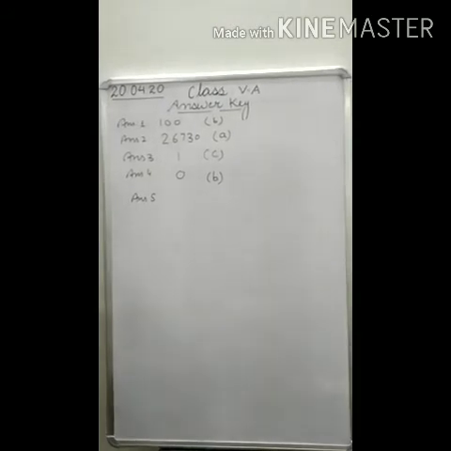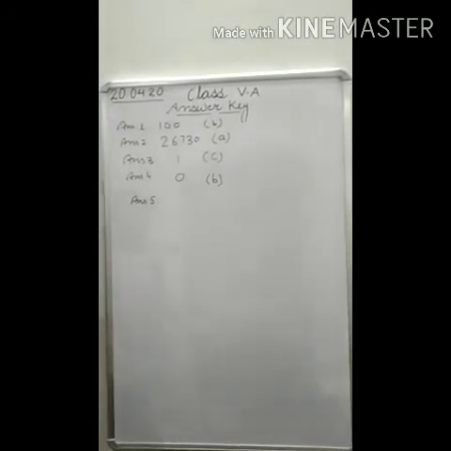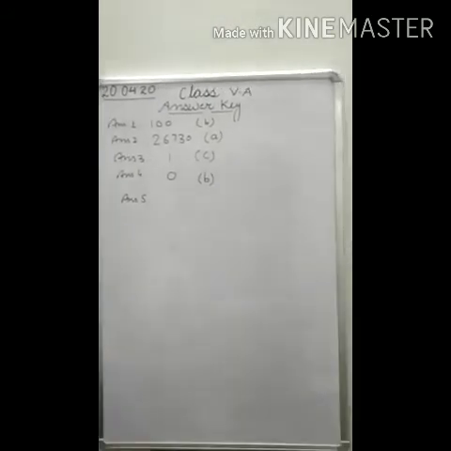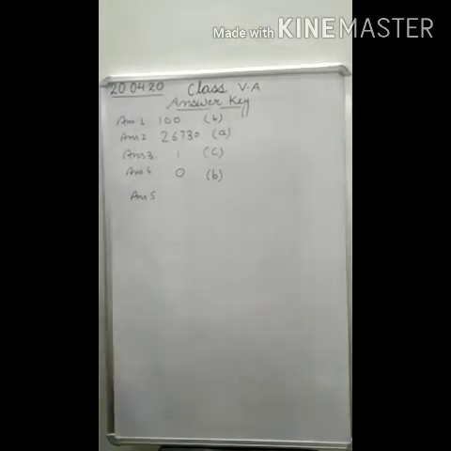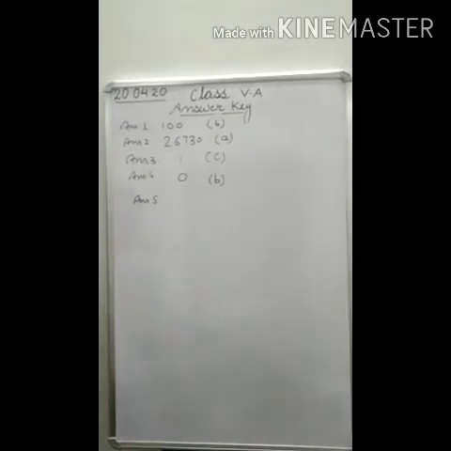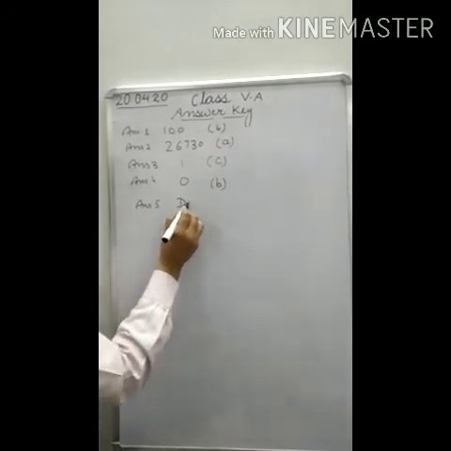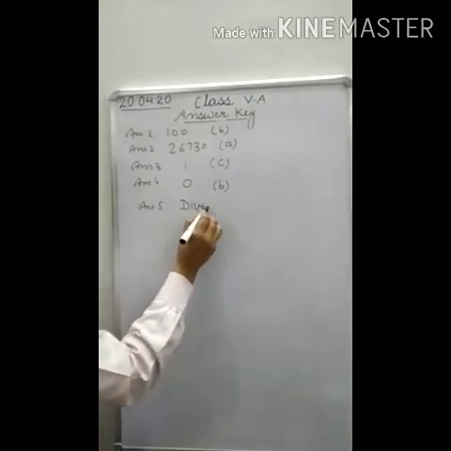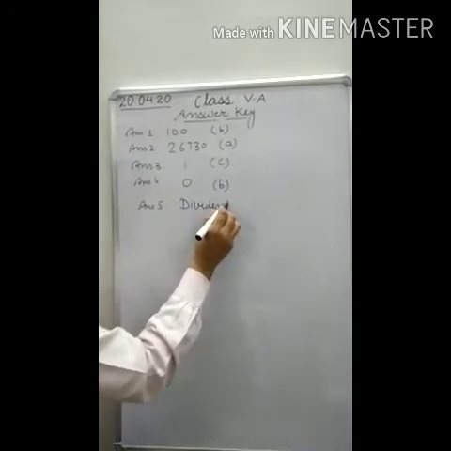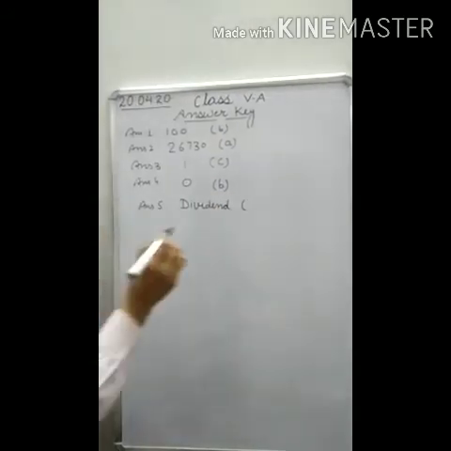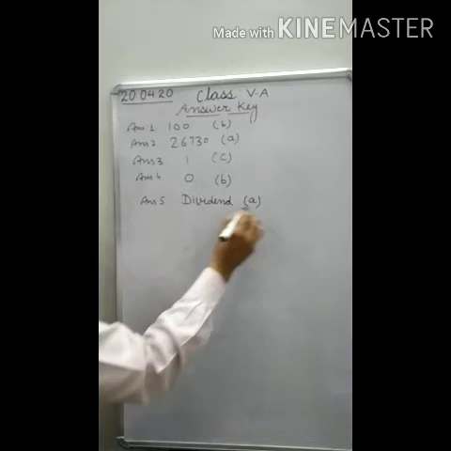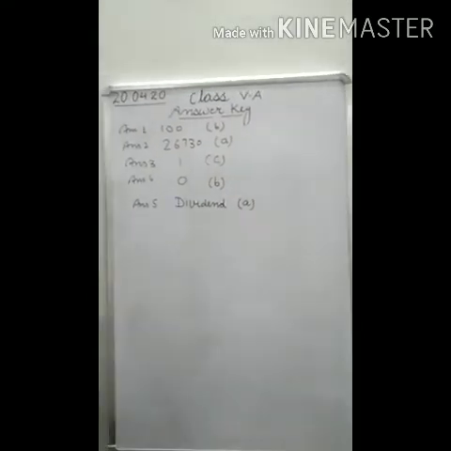So this formula is quotient multiplied by divisor plus remainder is always equal to the dividend. So your answer will be dividend and the option will be A. This is answer number 5.